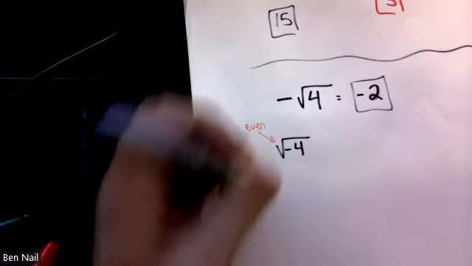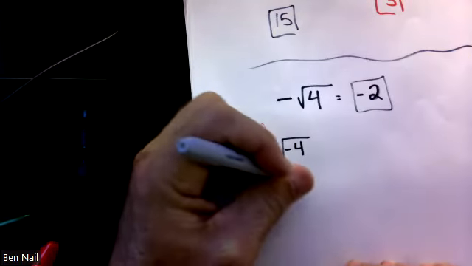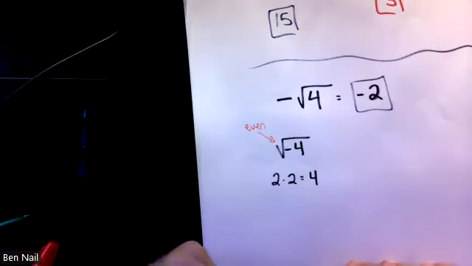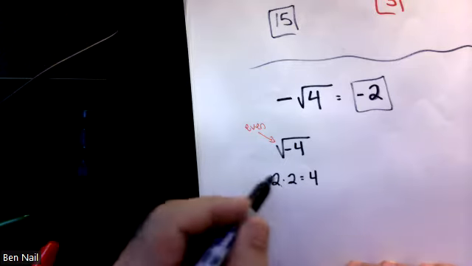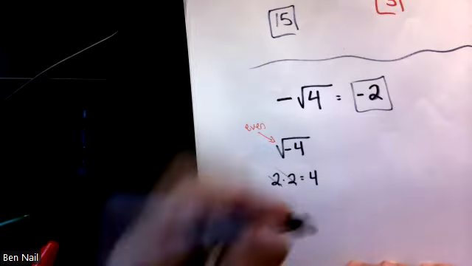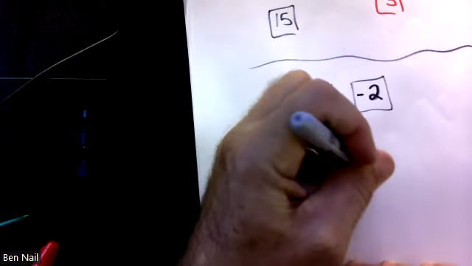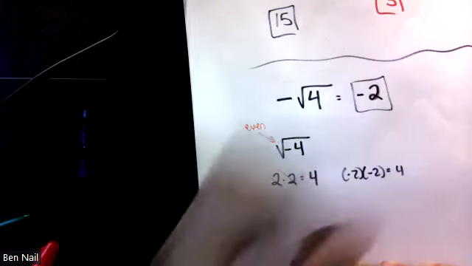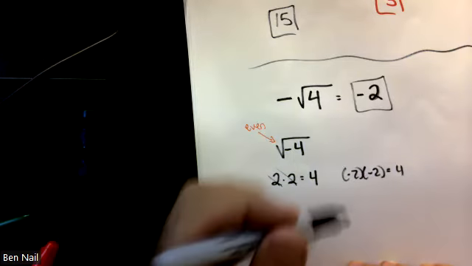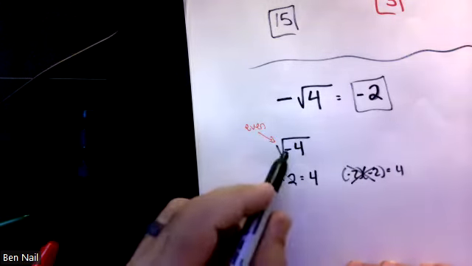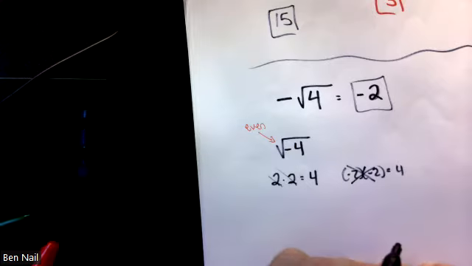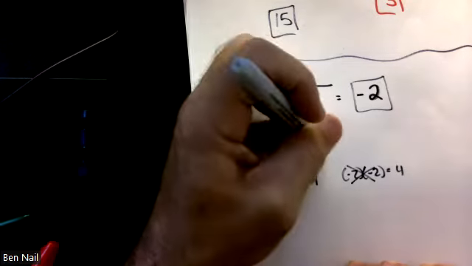For example, +2 times +2 gives you a positive 4. So it's not 2. But similarly, -2 times -2 also equals a +4. So it's not -2. There is no real number that you can multiply by itself and get a negative solution.